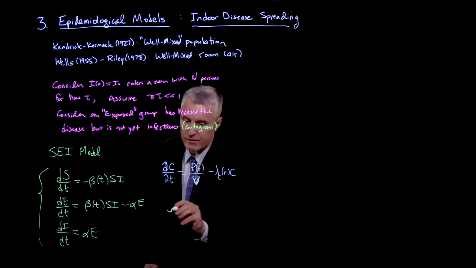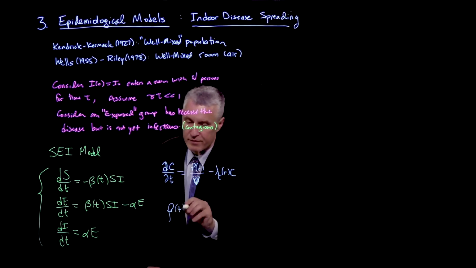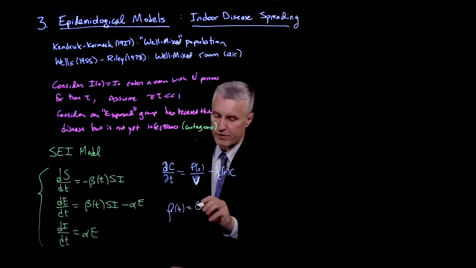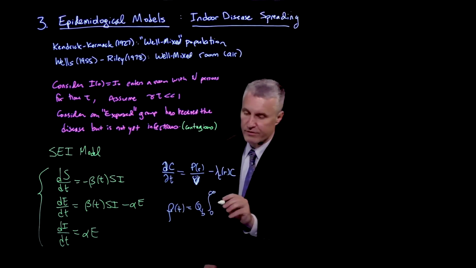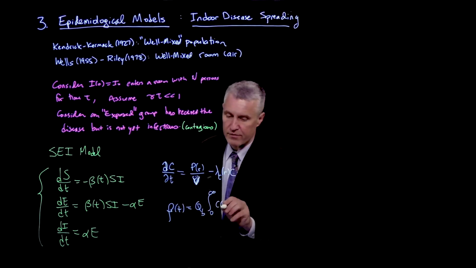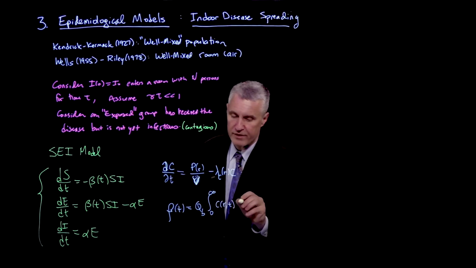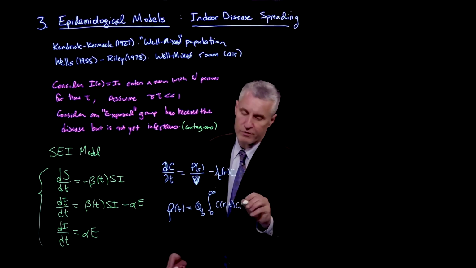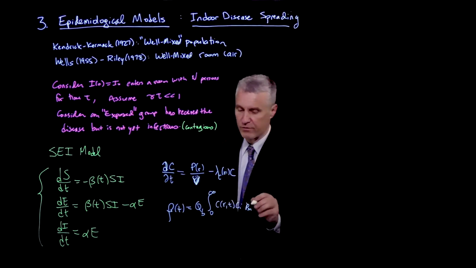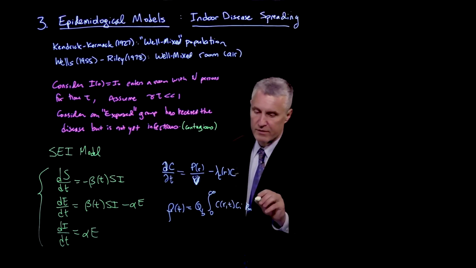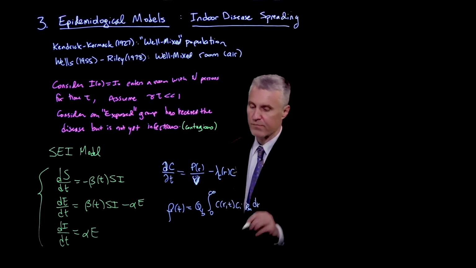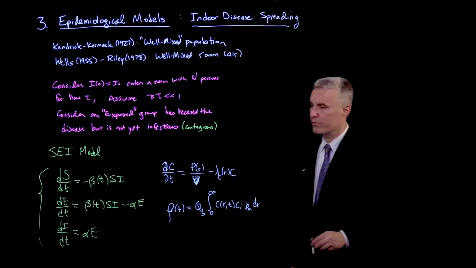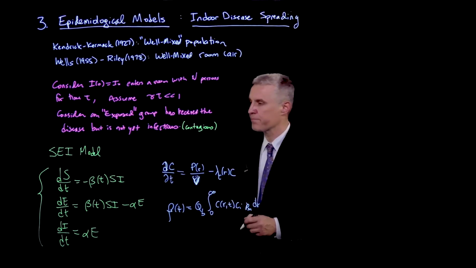And then the beta of t is the breathing rate times the integral over all these sizes of C of R and t, and then C_i, and of course there could be masks, which might also be size dependent, dR. Okay, so we tie it together this way.